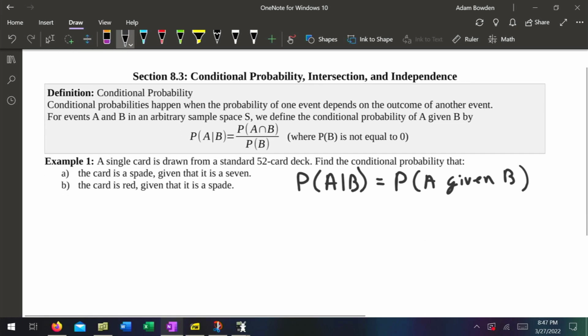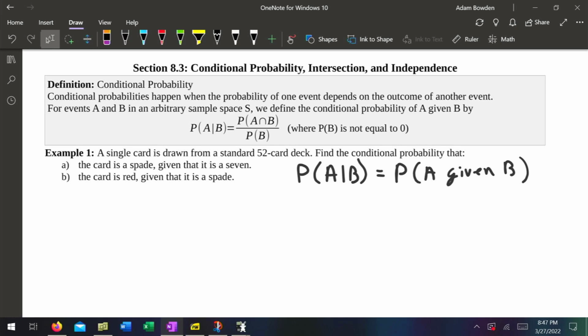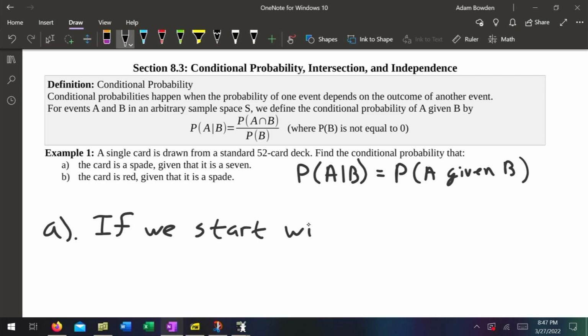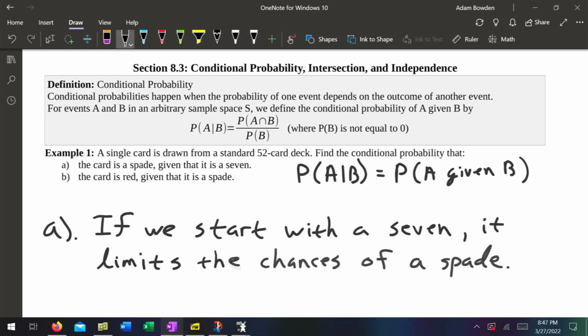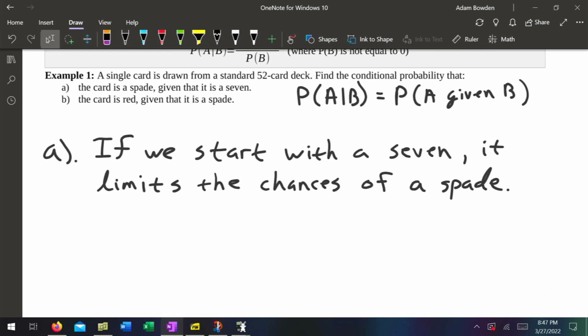Let's look at that in this next example. We're going to use the standard 52 card deck again, starting off with if the card is a spade, given that it is a 7. So the situation here is if we start by drawing a 7, then it limits the chances of it being a spade. So that's what we mean by conditional probability.